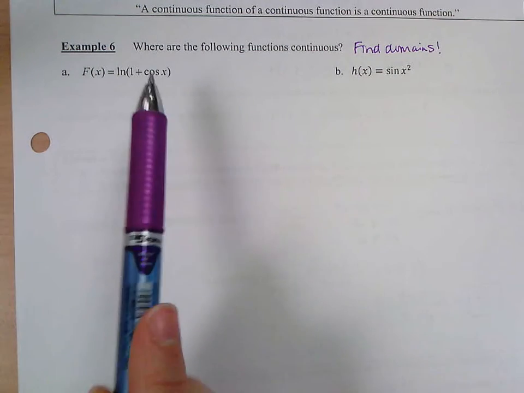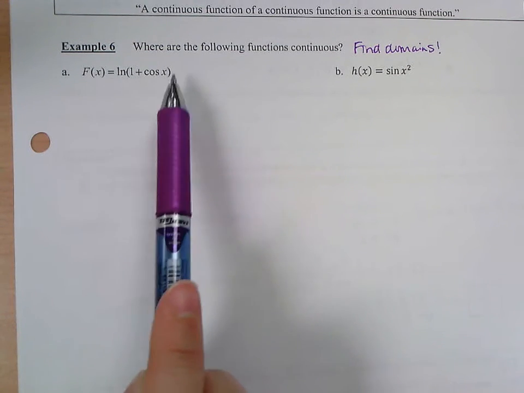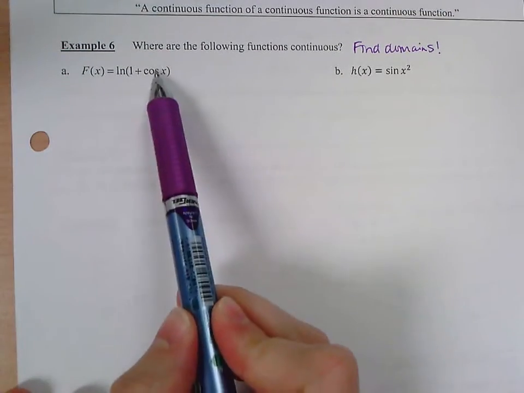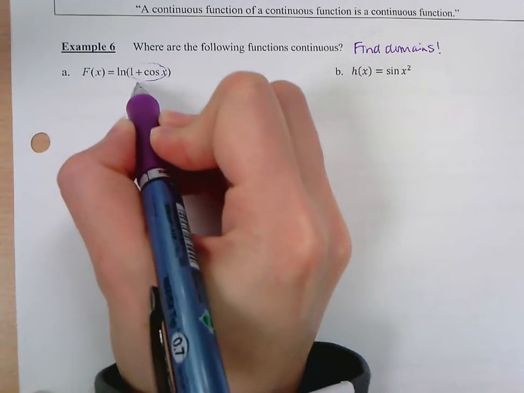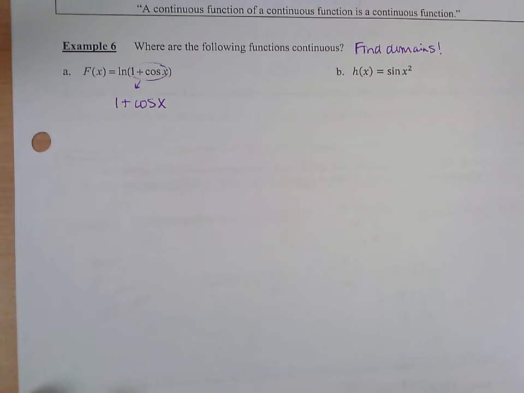So in example A, look at this function. My inside function, I'm just going to pull out the inside function here: 1 plus cosine of x. I would first find the domain of the function that's inside. So really you're looking at cosine of x.